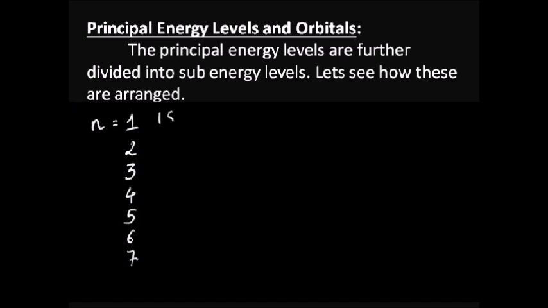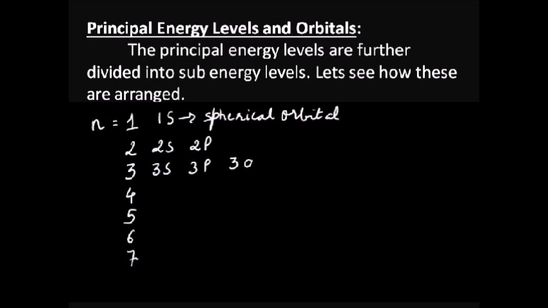These are further divided: 1 into 1s, where s represents the spherical orbital. 2 is divided into 2s and 2p. 3 into 3s, 3p and 3d. 4 into 4s, 4p, 4d and 4f.